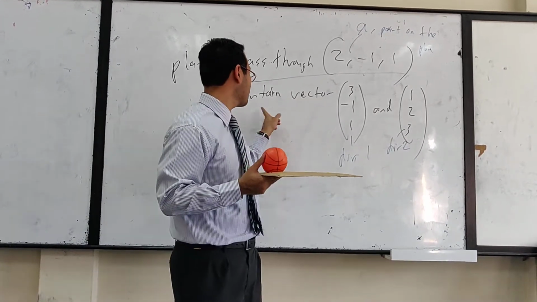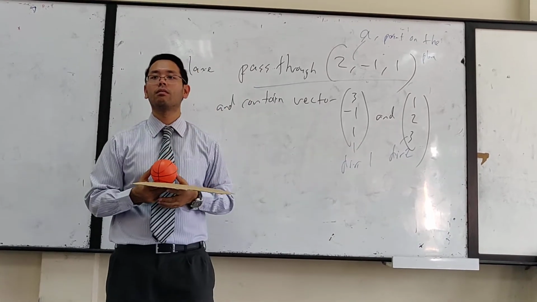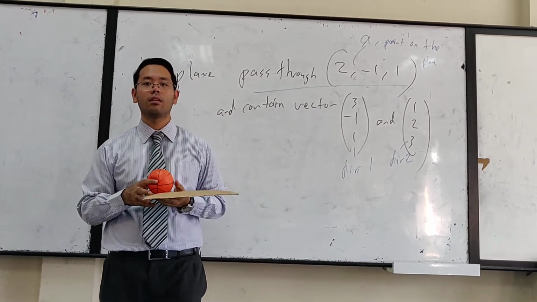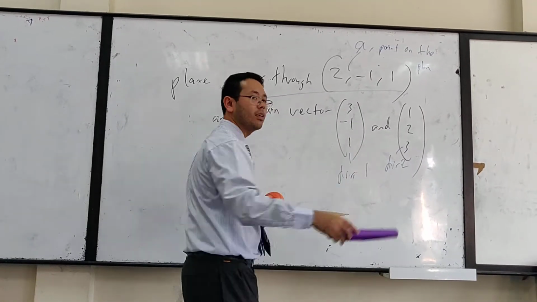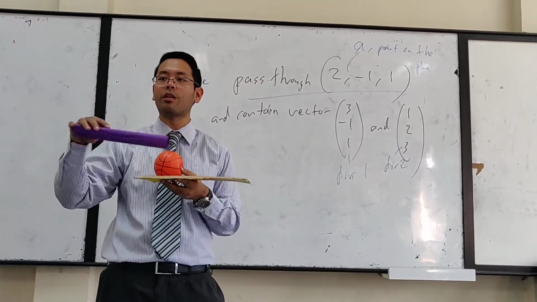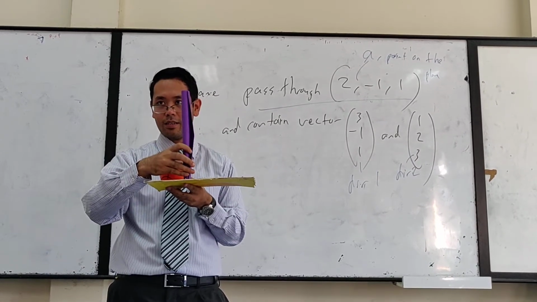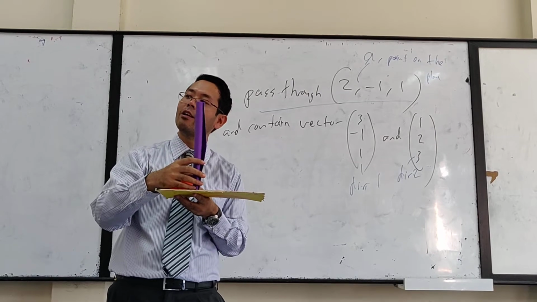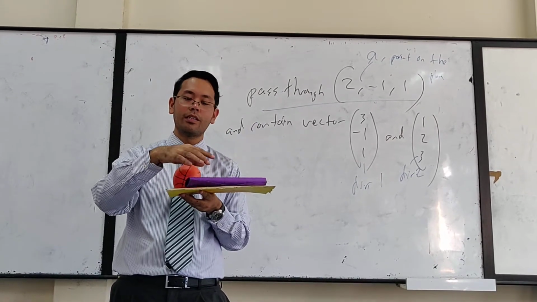Now, what about this? How does a plane contain these two vectors? Let's have a look at this one. 3, negative 1, 1. Where is this 3, negative 1, 1 with the plane? Is it like this? This is perpendicular, not contained. Is it something like this? No. This is contained.